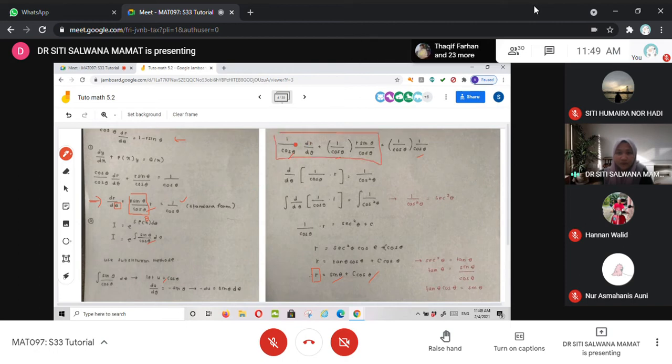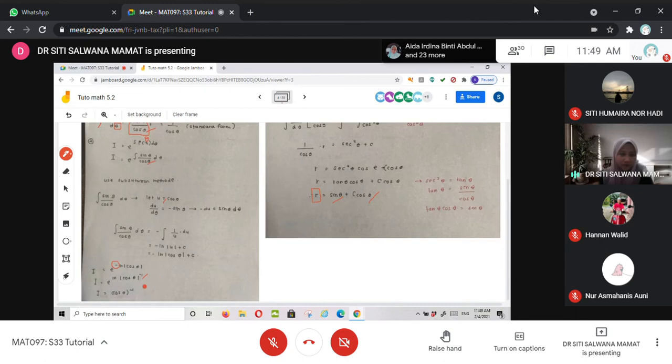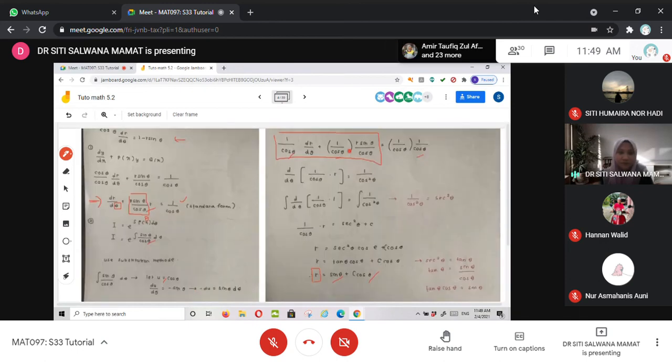Okay, actually this is the result of the derivative between integrating factor kita ni tadi dengan our dependent variable r. Okay, 1 over cos theta dengan r. Okay, so yang ni you darab ni. Okay, so this is d theta.